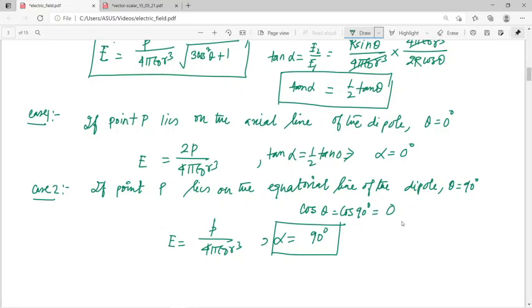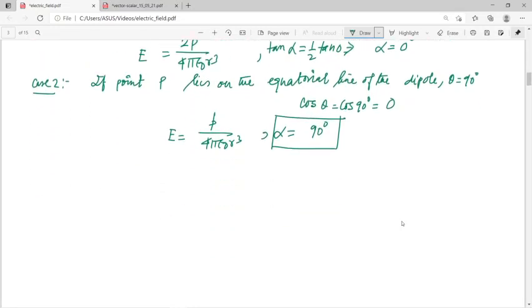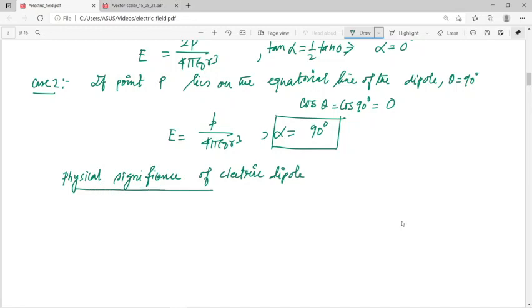Yes, sir. Okay, so if we talk about the physical significance of the electric dipole, we know that matter consists of molecules, and each molecule is electrically neutral.